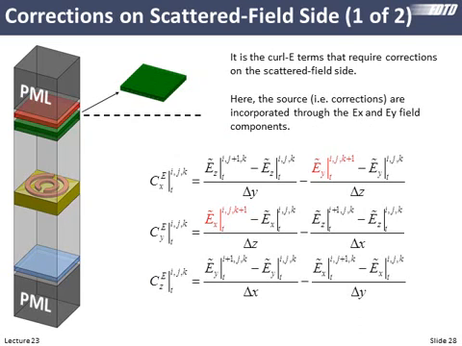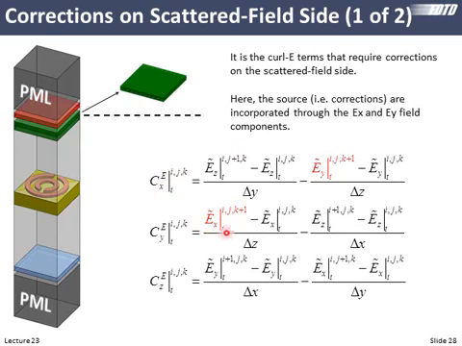So let's think about what those corrections are. Let's say we're on the scattered field side, we're calculating the curl of E, it reaches to the total field side, so we have problems. Here's the x, y, and z components of the curl of E. Here's a term that's reaching to the other side of the interface, so we have problems with the x component of curl.